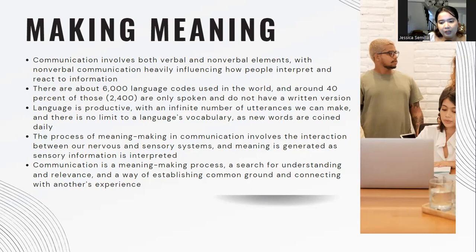Without meaning, definitely the language is just a letter, without really looking into the expression of the function of it being utilized in a context of communication. So this is really a search for understanding and at the same time a search for relevance of that word, and a way of establishing common ground and connecting with another experience. So let's proceed.